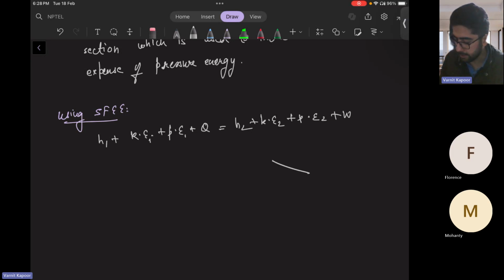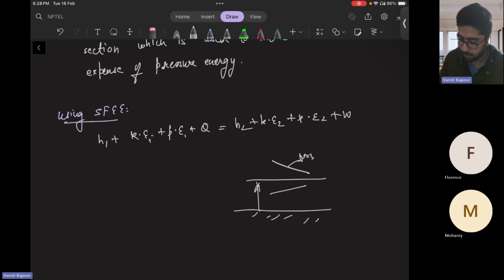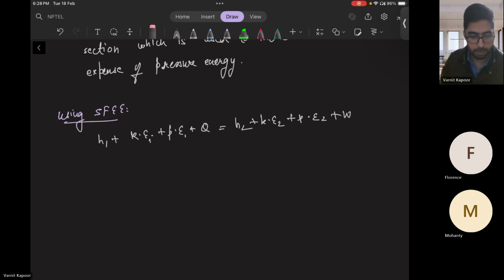We assume our device is at the same datum, so both inlet and outlet are at the same level, Z1 and Z2. Next, it is well insulated, so no heat interaction takes place, and no work interaction either, since we don't obtain work from the nozzle.